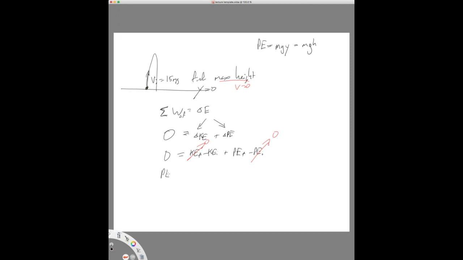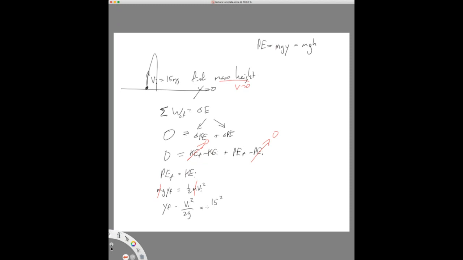And this means that the final potential energy equals the initial kinetic energy. So that would be mg times y final is equal to 1/2 m times v initial squared. The masses cancel, and y final would just be v initial squared over 2g.